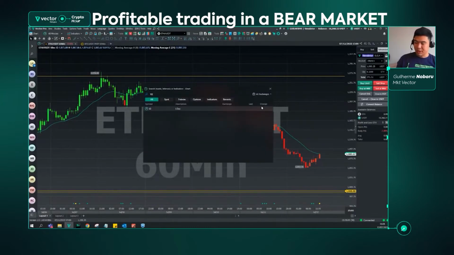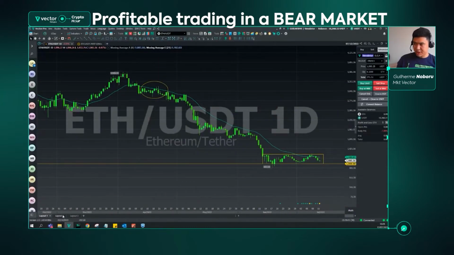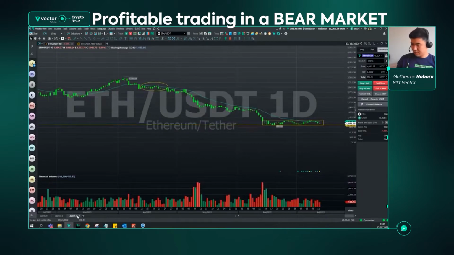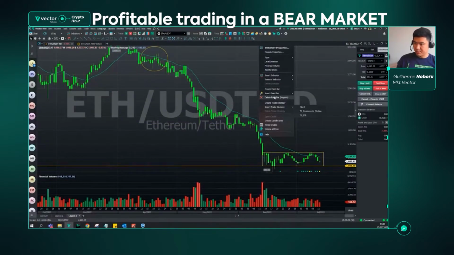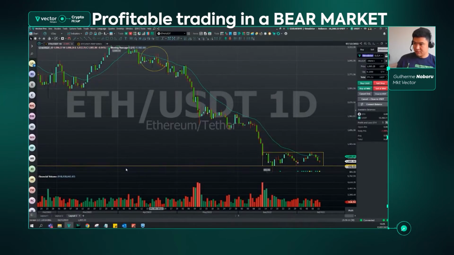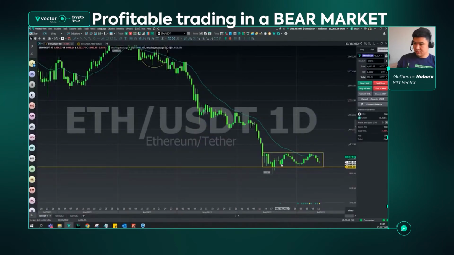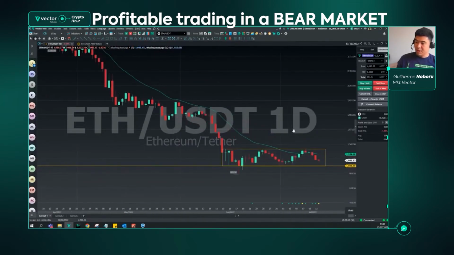Something very interesting, if you change here to the standard layout. Let me just remove the paint bar because I want to explain something real quick.